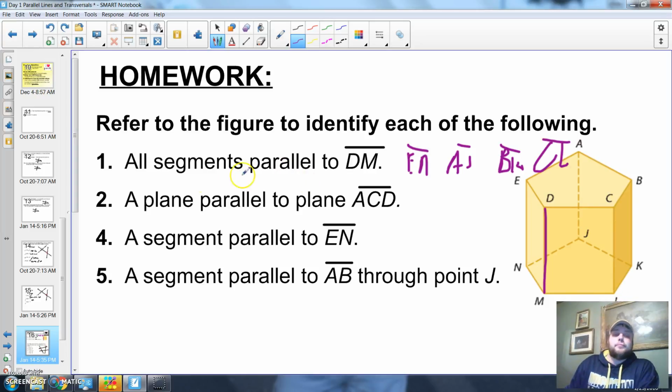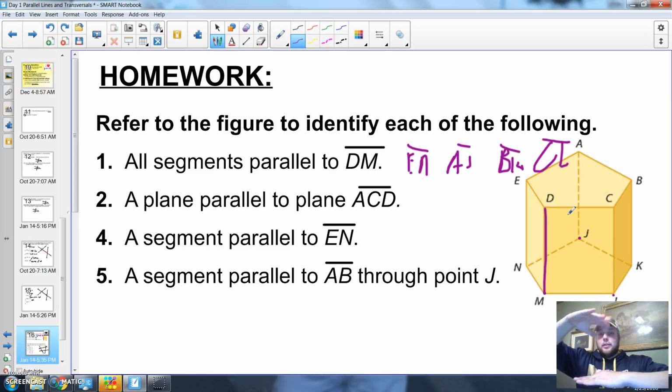Those are all parallel. A plane that is parallel to A, C, D. So that's this top part of this weird thing here. We need to find something that's parallel to this top. Well, I know the bottom has to be parallel, so I'm going to call it J, L, M. That's parallel to the top, right? One's on the top, one's on the bottom.